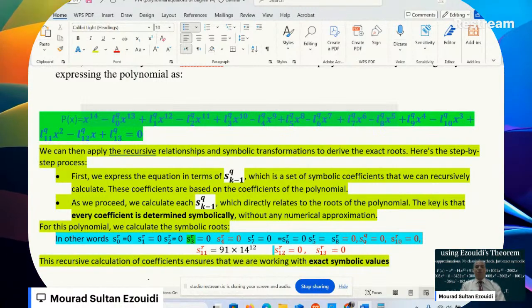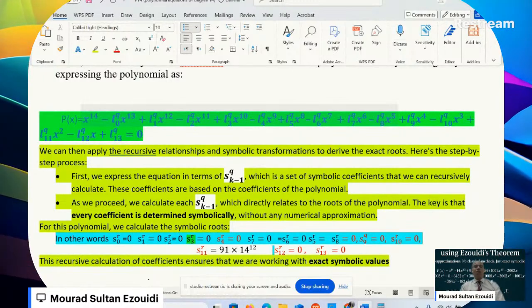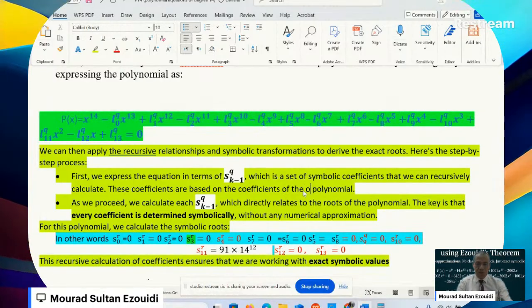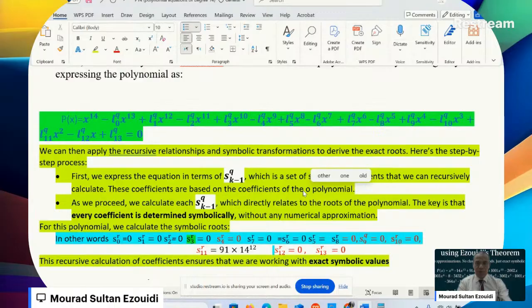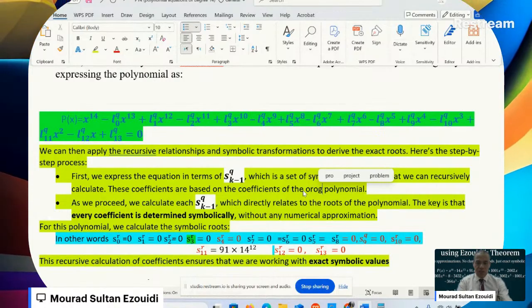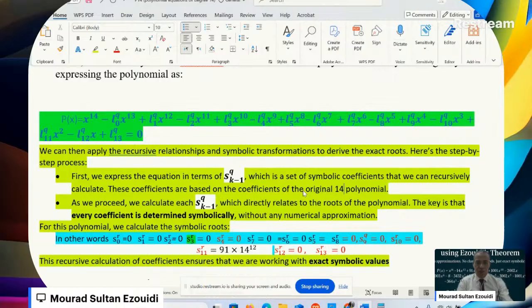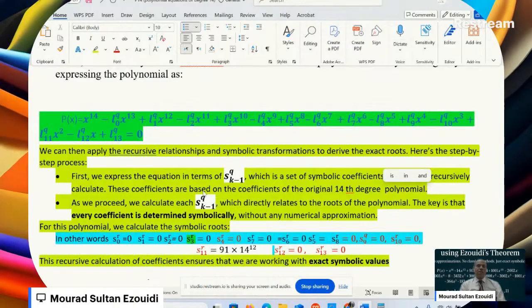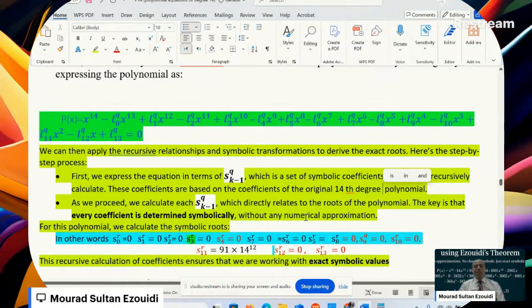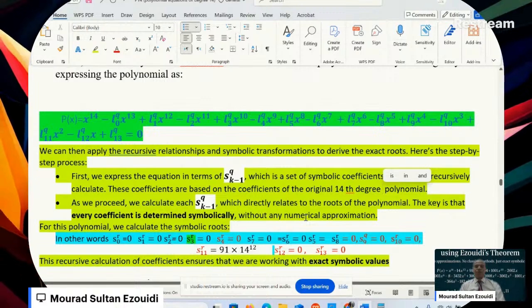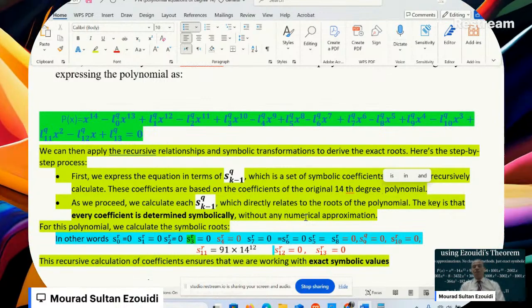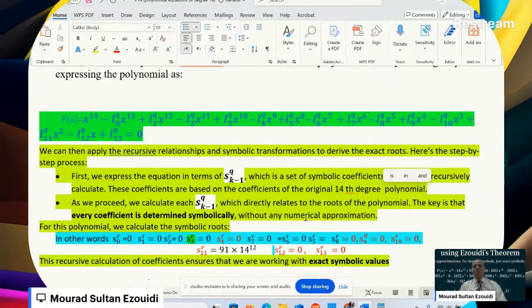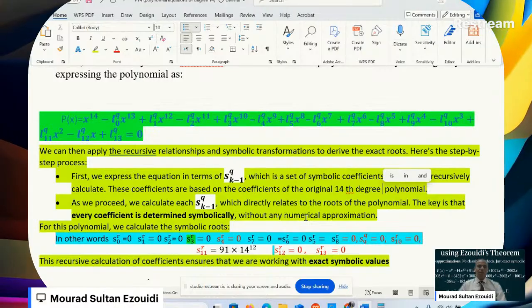These coefficients are based on the coefficients of the original 14th degree polynomial. As we proceed, we calculate Sk minus 1, which directly relates to the roots of the polynomial. The key is that every coefficient is determined symbolically without any numerical approximation.